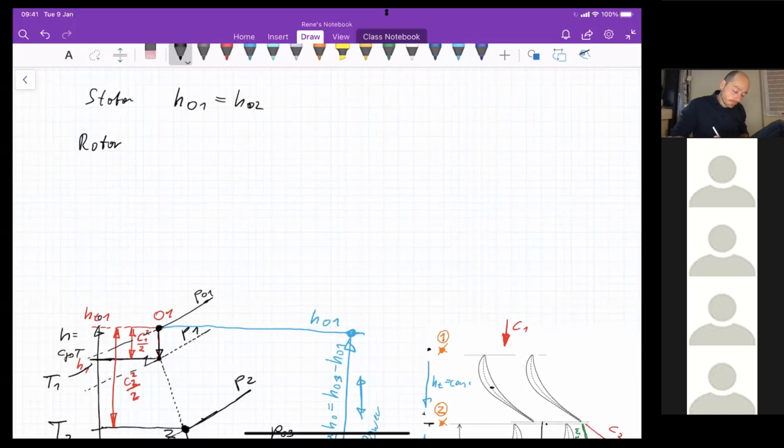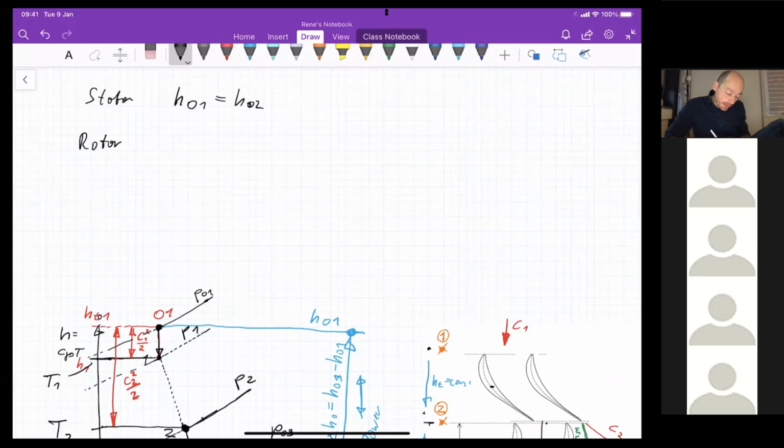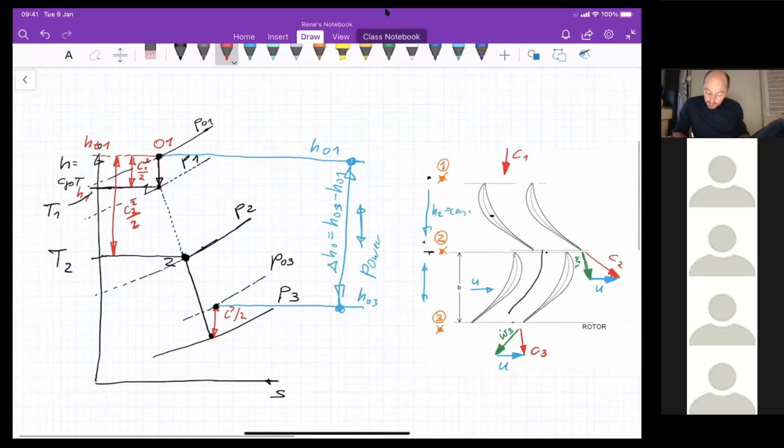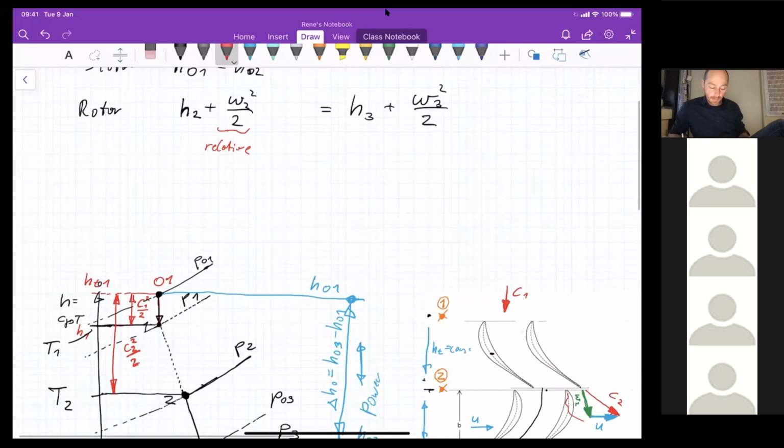For the rotor, I can say in the relative frame of reference that my H2 plus kinetic energy in the relative frame of reference is equal to H3 plus W3 squared over 2. Now this is the kinetic energy in the relative frame of reference, right? My W here is when I move with the rotor, which means it's the relative frame of reference. This velocity is W.